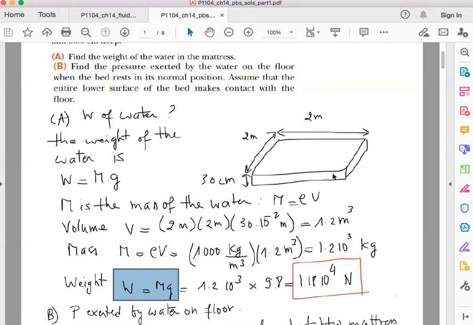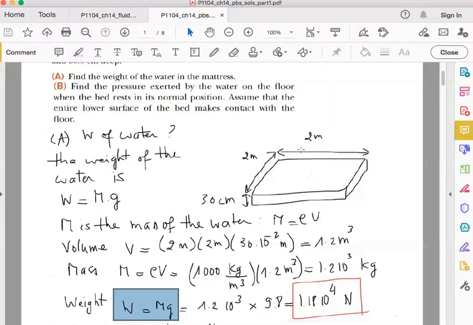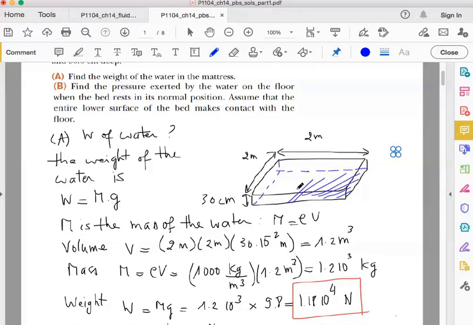So in other words, if we just draw it like that, the rectangle in 3 dimensional, we'll end up with this, right? So practically this is the bed. The lower surface is practically the bottom surface. They told me that this whole lower surface is in contact with the floor.